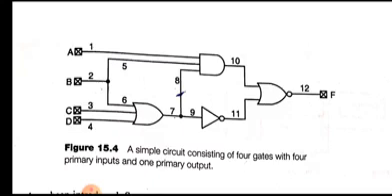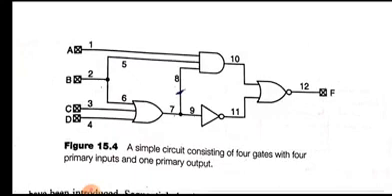Thus any stuck-at fault on line number 7 cannot be tested at the primary output. Although in the absence of such a fault, the logic value of line number 7 can be fully controllable through the primary inputs, that is B, C and D. Okay, therefore this circuit is not fully testable. You got the point? This circuit is not fully testable.